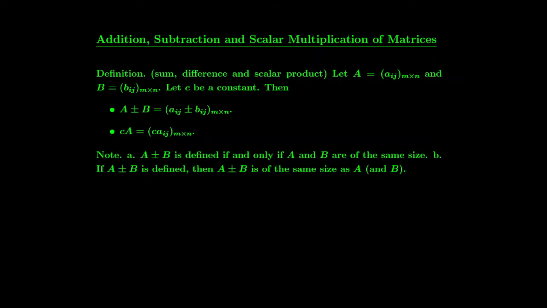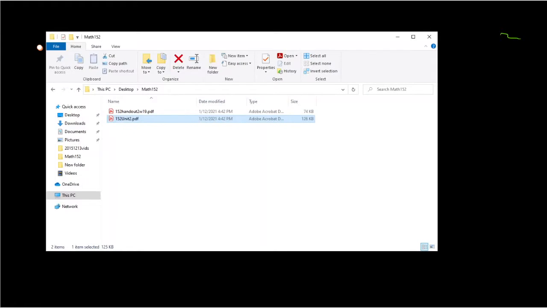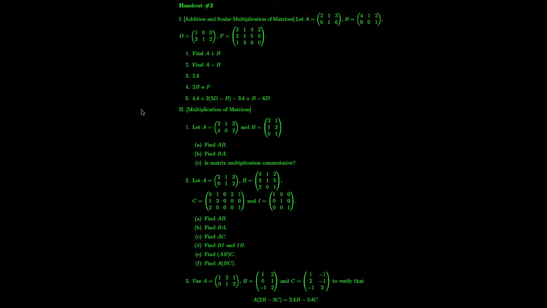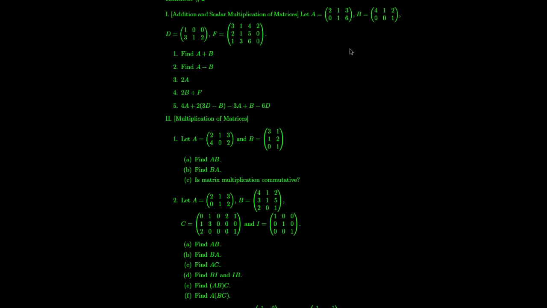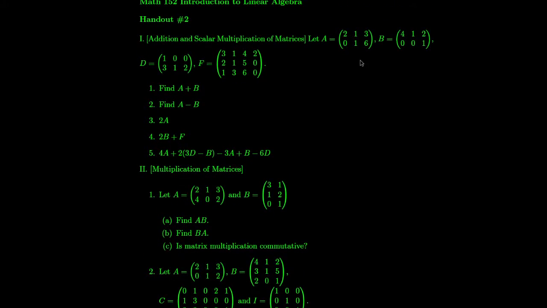Okay, we look at a few examples. Again, get your handout, please. I haven't opened the handout yet. Now we are ready to talk about the handout questions. In question one, I'll try to make it a little bigger. In question one, you are given 4 matrices.